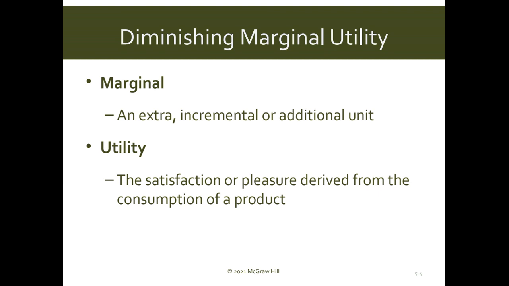Then this chapter only talks about utility or consumer preferences. What is utility? Utility is nothing but satisfaction or pleasure derived from the consumption of a product. So the level of satisfaction that you are deriving from consuming a specific product is called utility. Of course, it's very difficult to measure utility. There are two ways basically. Either you measure in utils or you just rank your utilities.